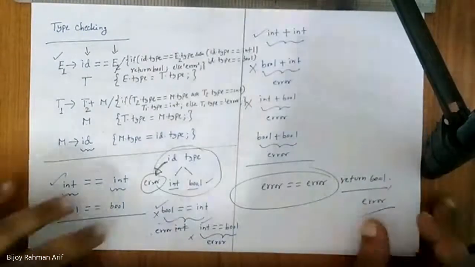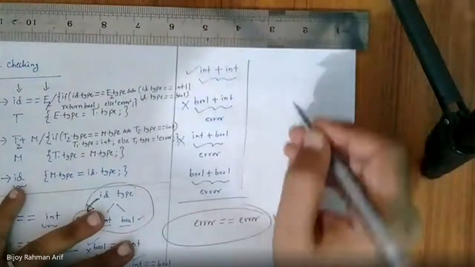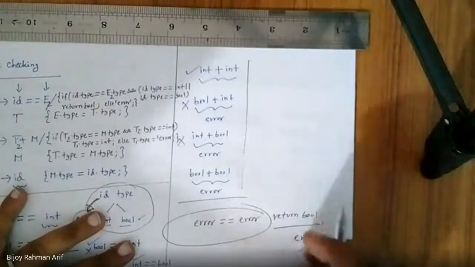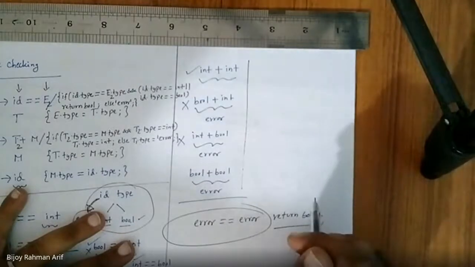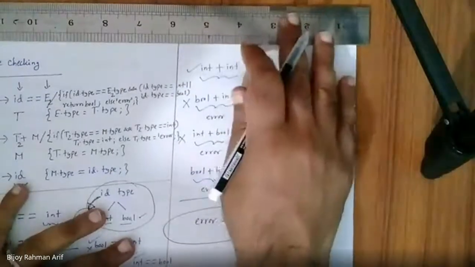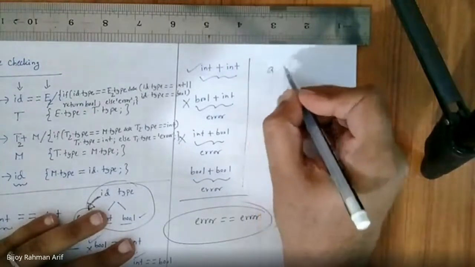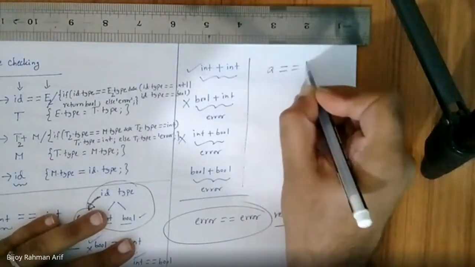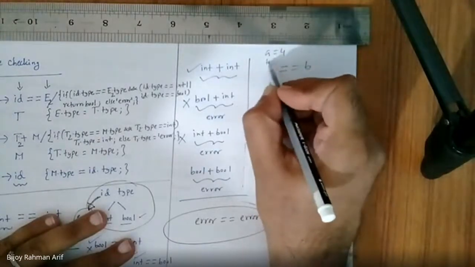So let's take an example. I'm going to show you an example. Let's take A double equal to B, where A equal to 4 and B equal to 5.